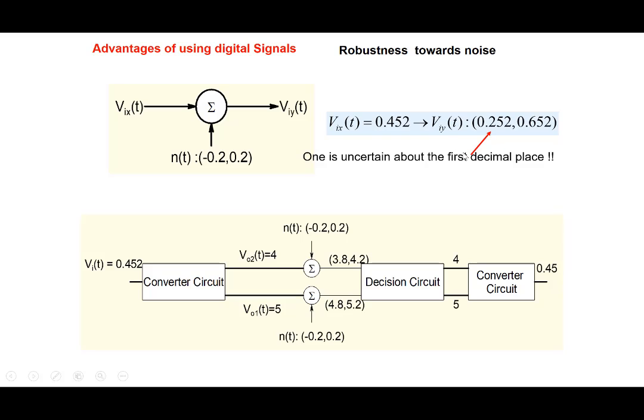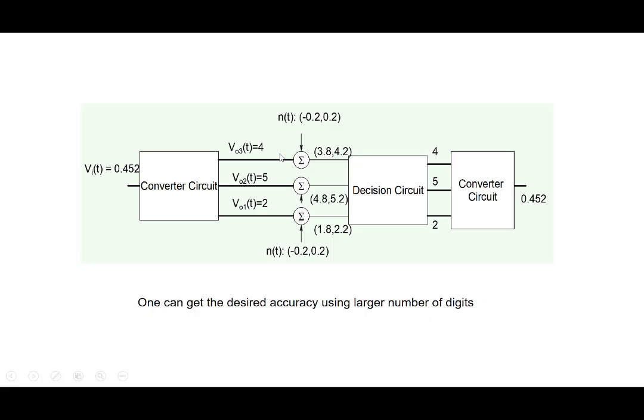When we add noise to the analog value, we are uncertain even about the first decimal place. So here, yes, we lost the third decimal place, but we recovered 2 digits properly. So this method is more accurate as compared to simply working with an analog number, especially when there is significant noise.